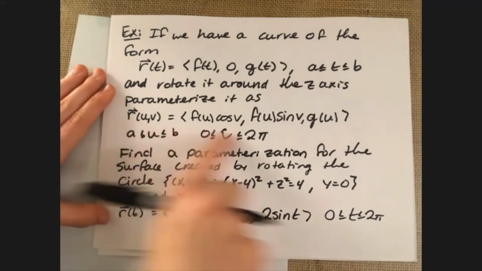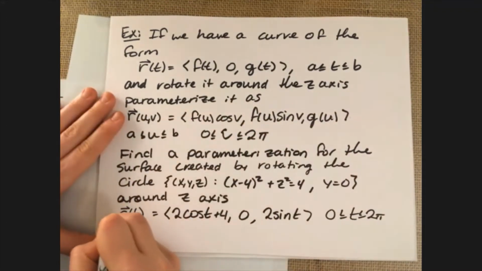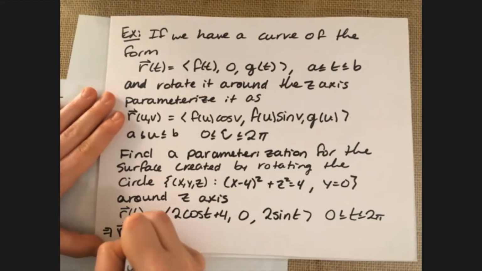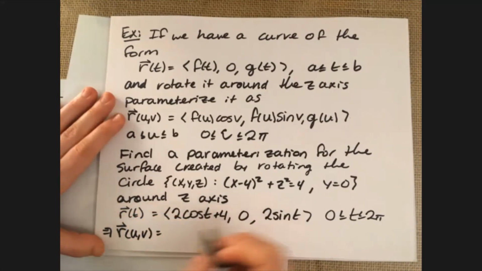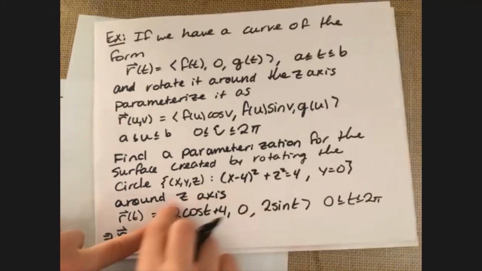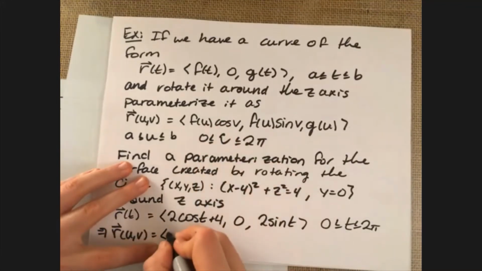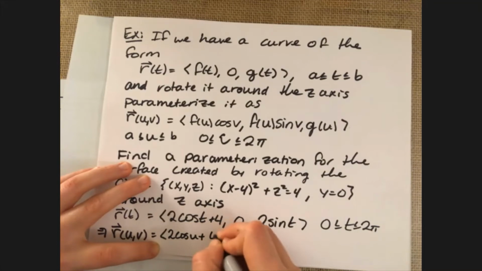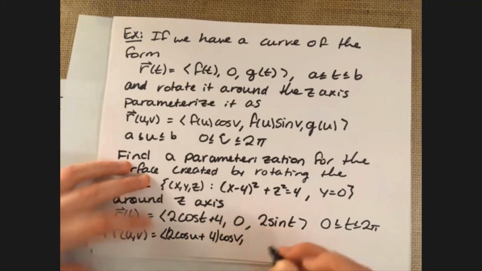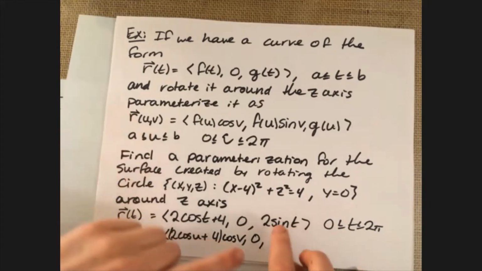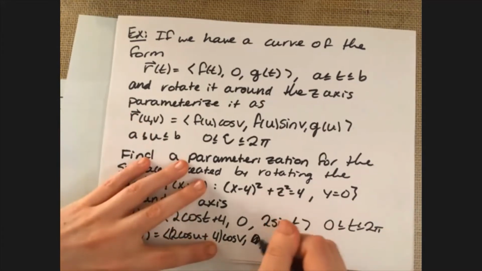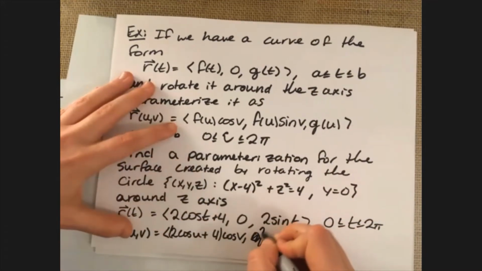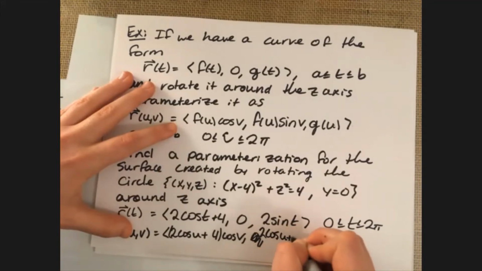Now we just get to do this line right here, which is ultimately what we want. So this piece here is going to go in front of a cosine v, and I'm swapping out t for u. And then we have 0, or not 0, I'm sorry. This will be 2 cosine u plus 4 times sine of v.